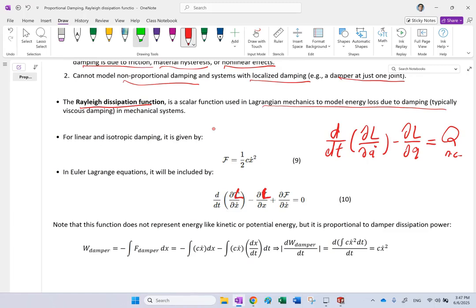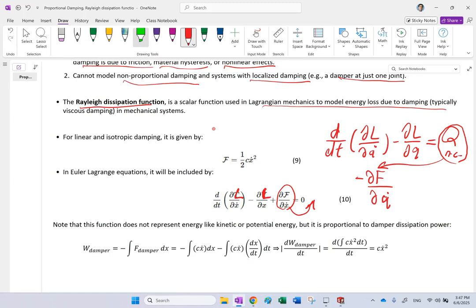Now, another way to write it is like this. You can show that right-hand side as, basically, if you take this term to this side, you can write it as negative partial derivative of some function with respect to q dot. Okay, so that non-conservative force can also be written as negative partial derivative of a function with respect to q dot.